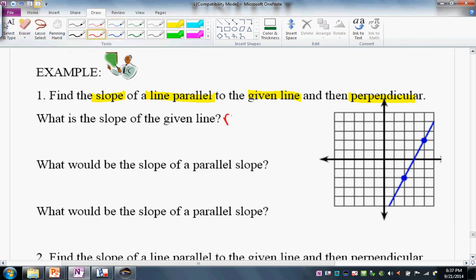We're going to do rise over run. So our rise, 1, 2, 3, 4, and our run, 1, 2, and look at the overall line. It's a positive line.